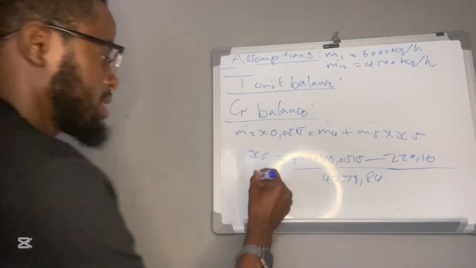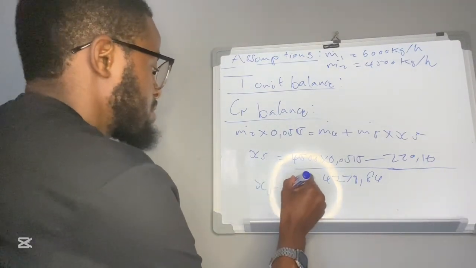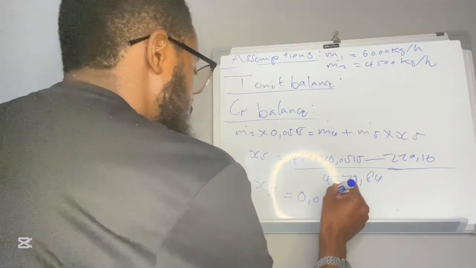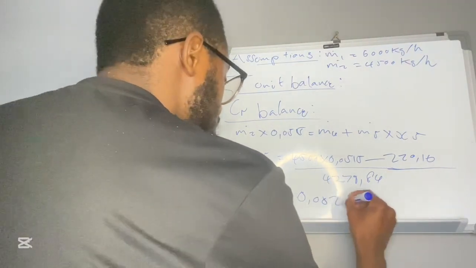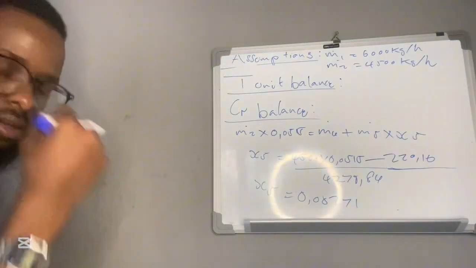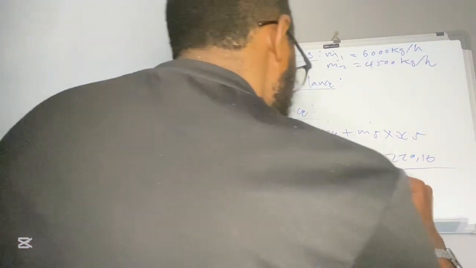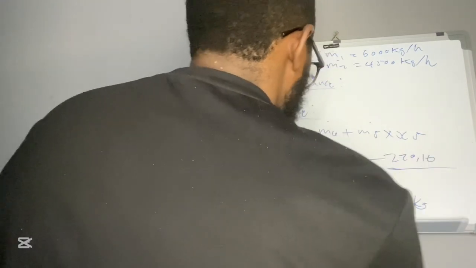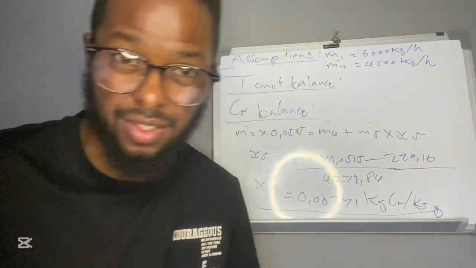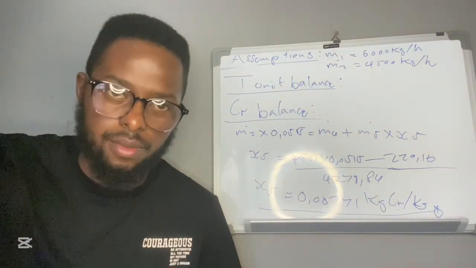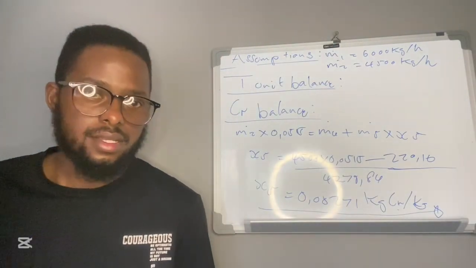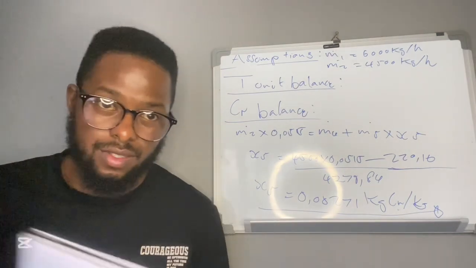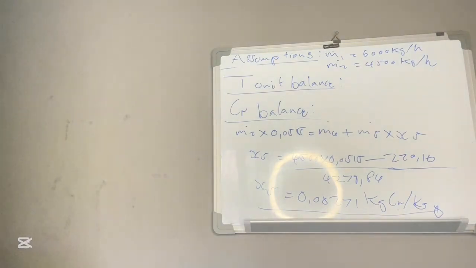Hope you guys are seeing that. And you find that your chromium fraction was 0.00271 kilogram. So this is your chromium now. I don't know if you guys see clearly. I recommend better handwriting on the next video, if you guys don't see.